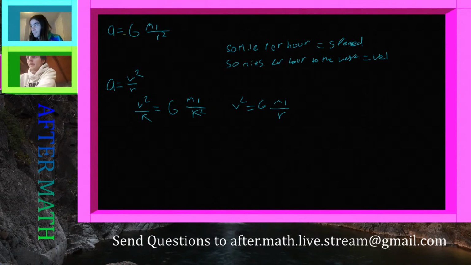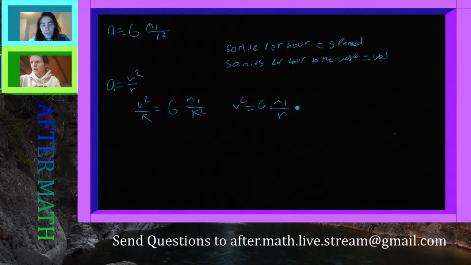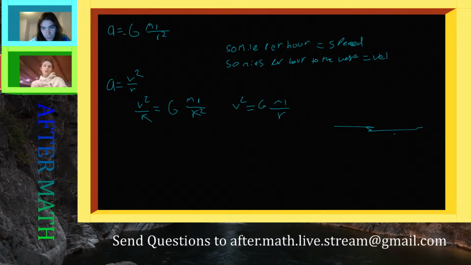And we could take that one step further, right? What do we do to get velocity without the squared? To do that, Jaden, what do we want to do? We want to take the square root on both sides of that equal sign.